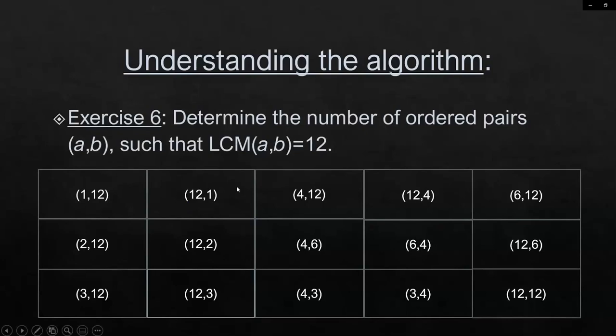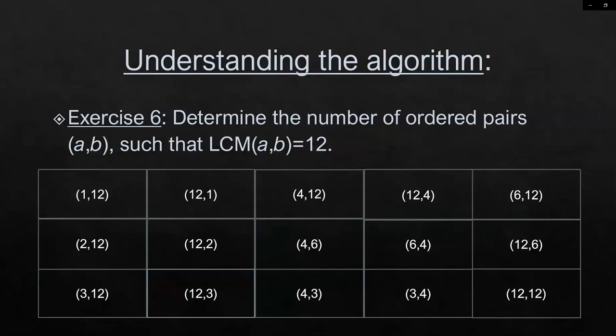Essentially, we would like to find all of the pairs in the same sense that we did beforehand. The least common multiple of 1 and 12 is 12, of course. So we are doing all of the process that we did for the last example, but in the last example we had 6. Do you remember? In the same way, you can find all of the ordered pairs that we're looking for.